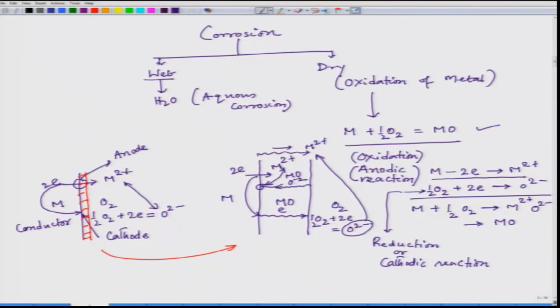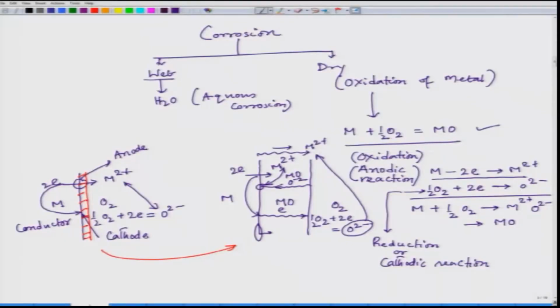In the case where the oxygen ion goes through the metal oxide and reaches the metal surface, at the interface of metal and metal oxide, further oxide molecules are forming. In that case the oxide growth is taking place at the metal and metal oxide interface.